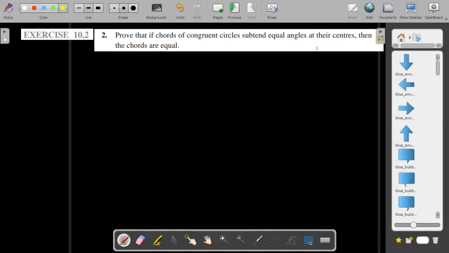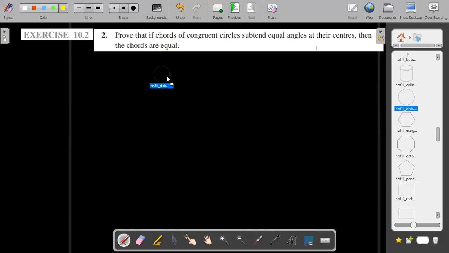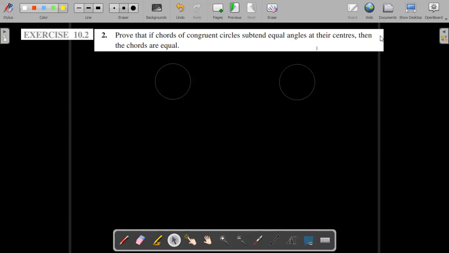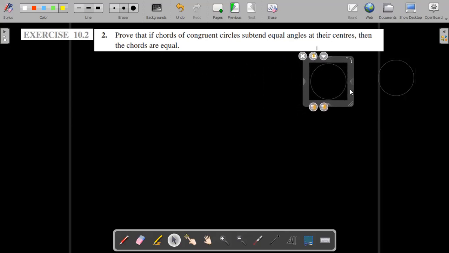So here again we have to take two congruent circles. These two are congruent circles. Chords of congruent circles subtend equal angles.